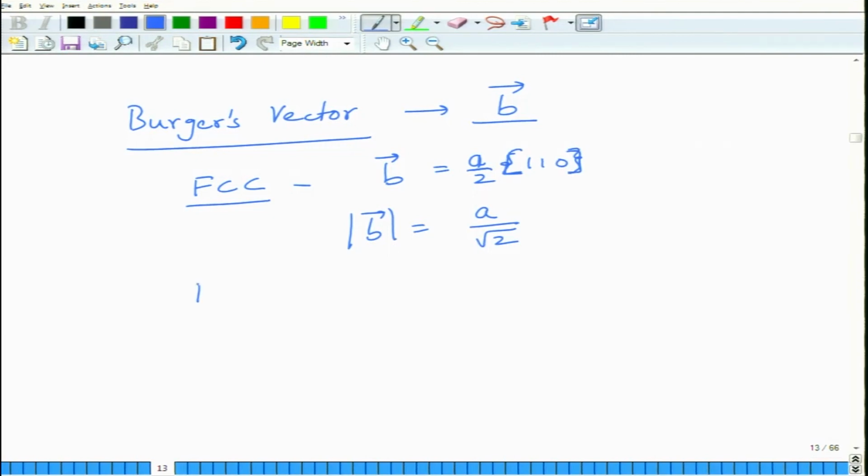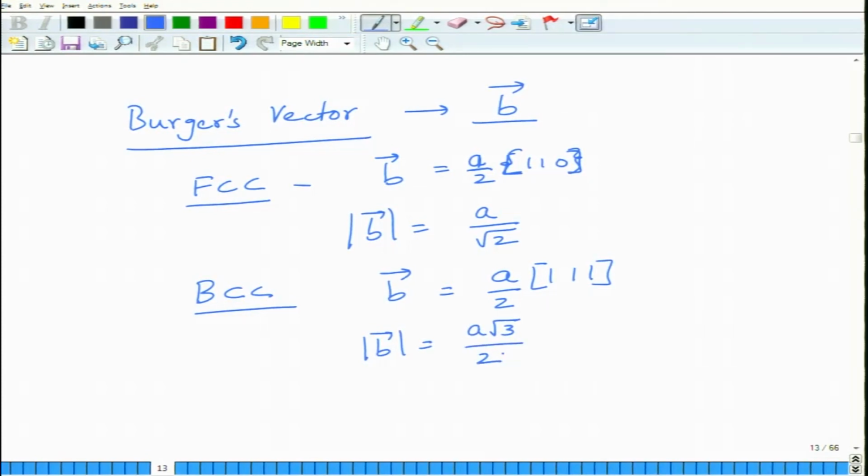For a BCC material it would be a/2 <111>. So this would be equal to a root 3 divided by 2. Okay.